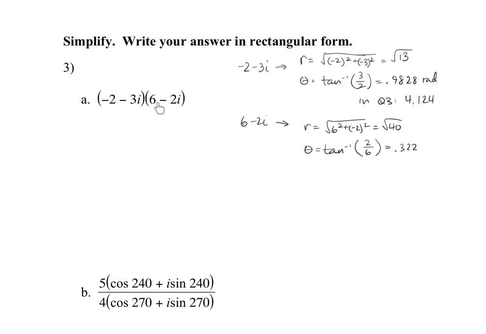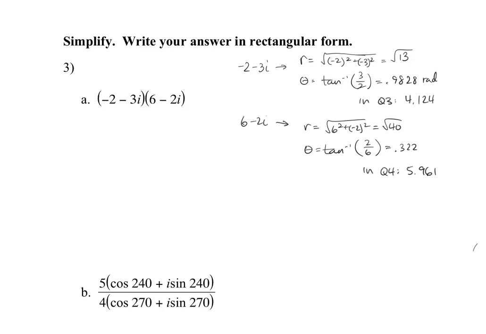But this is in quadrant 4. So if we subtract 0.322 from 2 pi, then we're going to get 5.961. Okay.